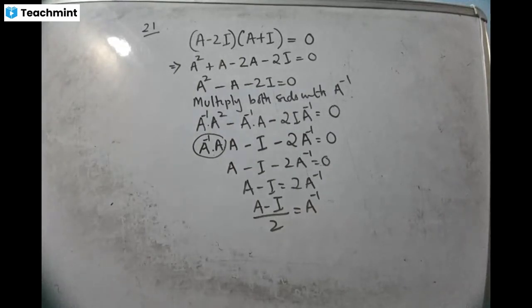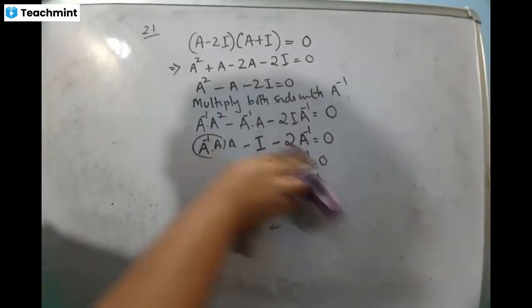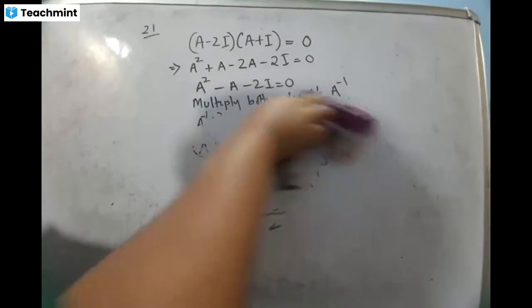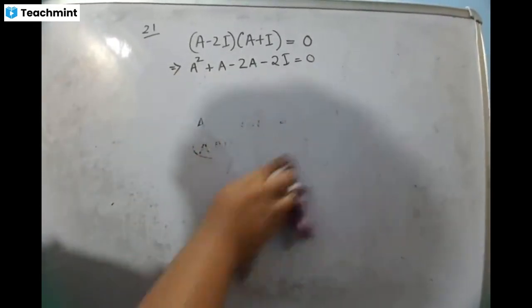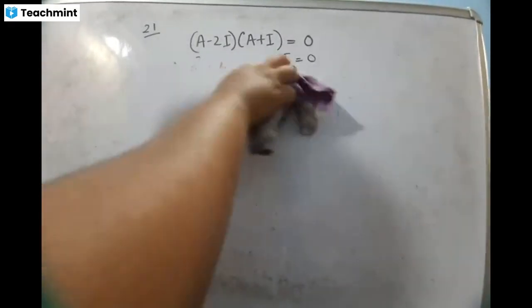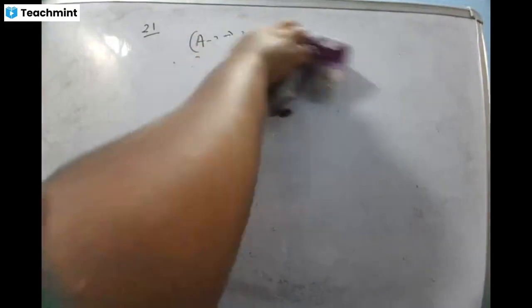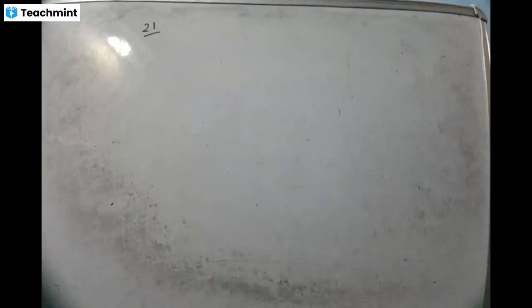So once you are done, one good thing for you all: once I complete this chapter, I'm left with only relation, function and inverse, and that also won't take much time because I have done this. This is going to be my fourth time doing relation and function. The videos are already there.